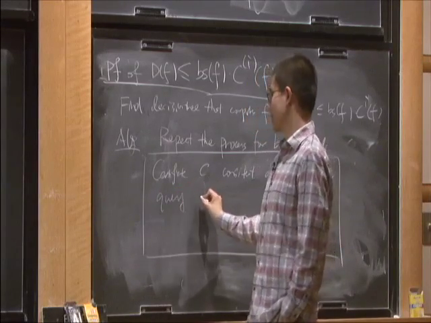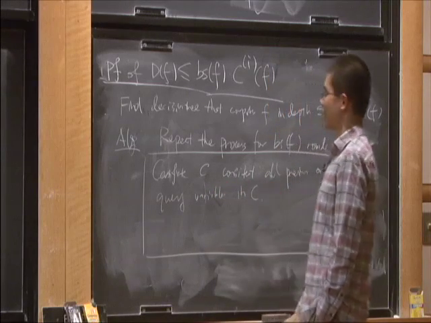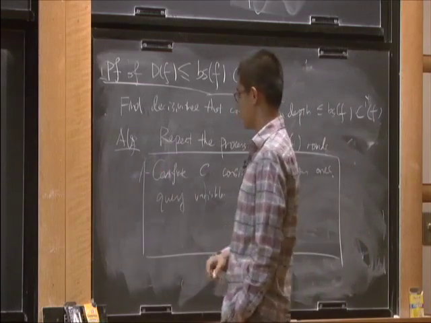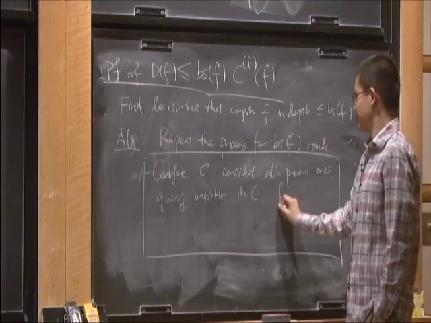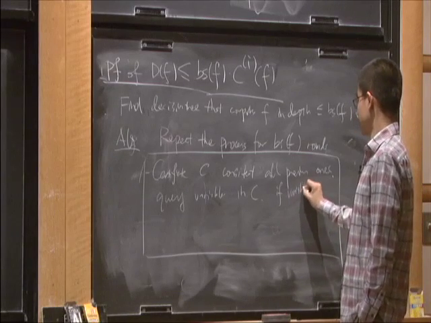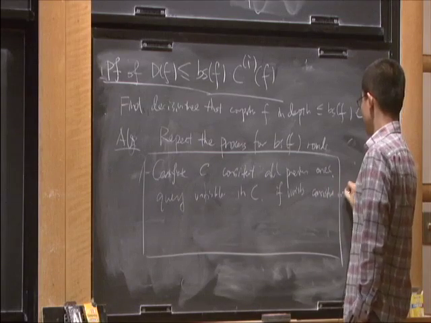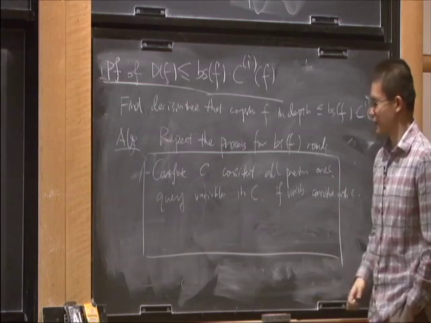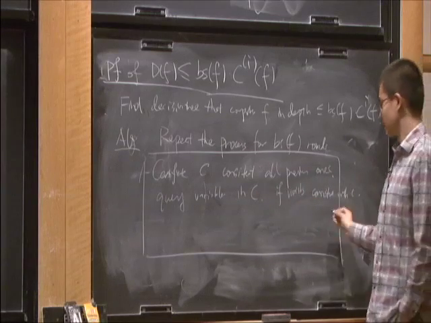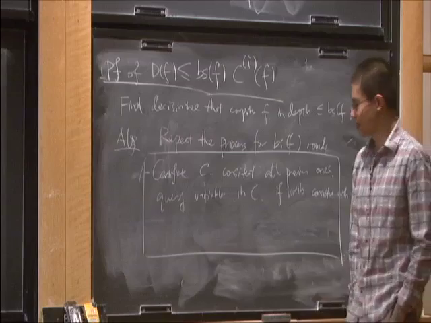Then I start to query the variables in C. Here I look at, for example, one certificate. If these variables are consistent with C, meaning they have the same values as this certificate, then you just output 1, because it's a one certificate.